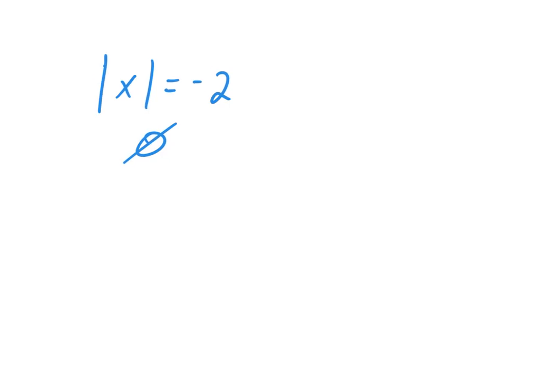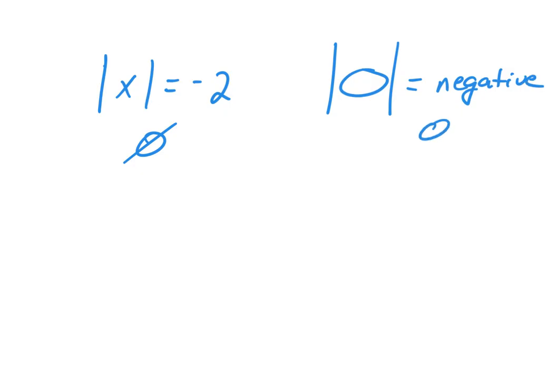Okay, and the reason I bring that up is because this one's pretty easy to recognize, right? Because it's equal to a negative immediately. But at any point in time, if you have the absolute value of some expression, whatever that is, equal to a negative, then it'll always be no solution.